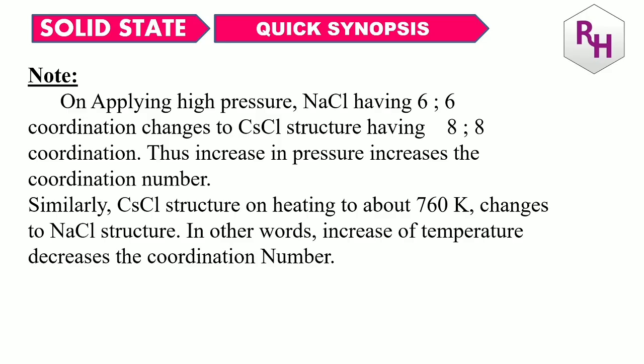Next we will move to another important point. Remember, on applying high pressure, NaCl of 6:6 is converted into CsCl of 8:8. Thus increase in pressure increases coordination number, that is coordination number is directly proportional to pressure. So NaCl 6:6 becomes CsCl 8:8.